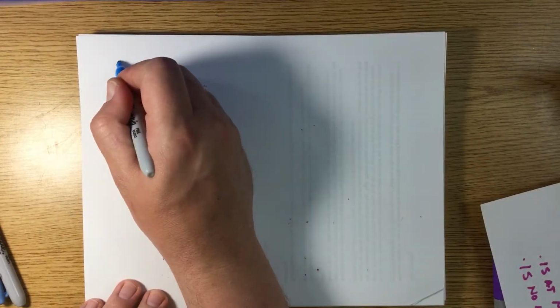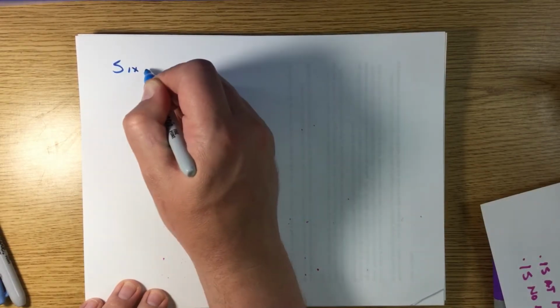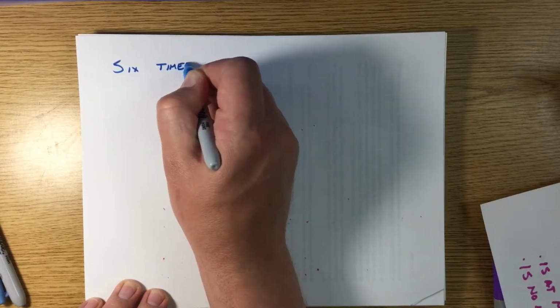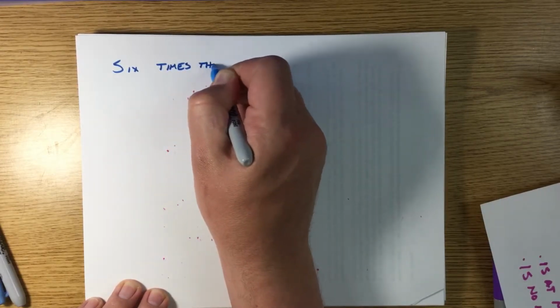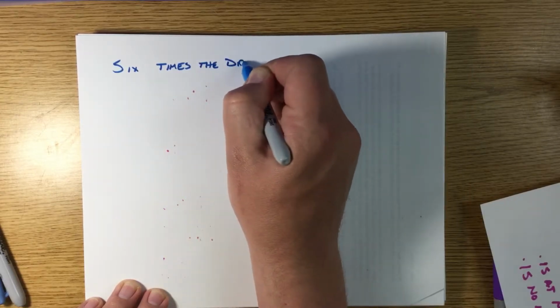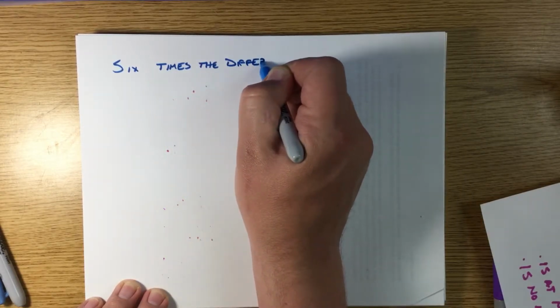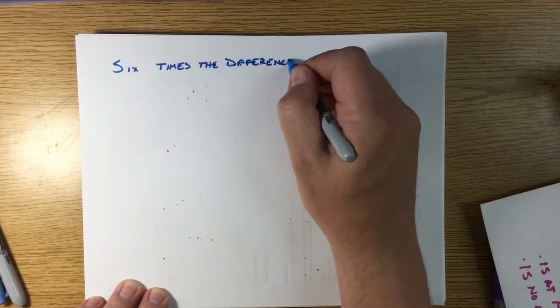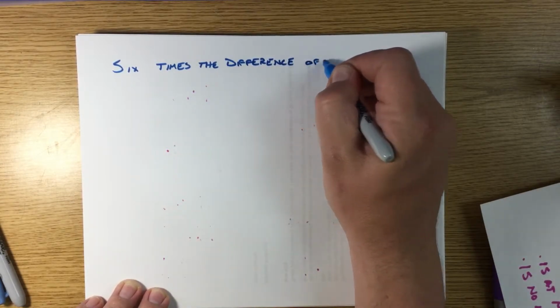Example 2, I'm asked to write the sentence as an inequality. In example 2a, I am given: 6 times the difference of a number and 3 is more than 24. Remember, difference implies that there is subtraction going on, and I'm going to subtract the next 2 things that it tells me.